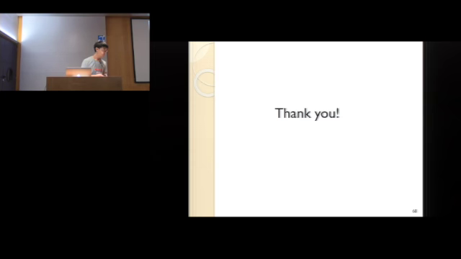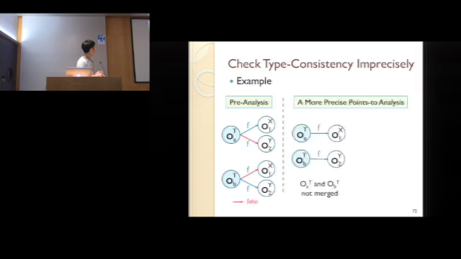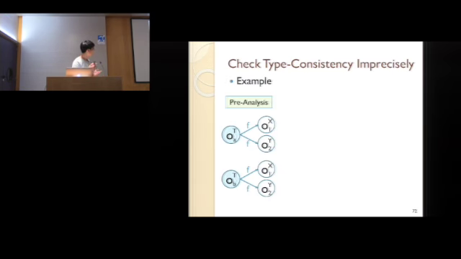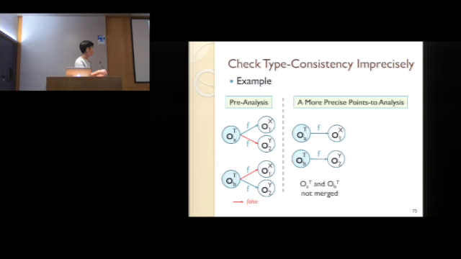For example, in the pre-analysis, the pointer analysis reports that O1 points to this object through this field, but this can be a false positive, because if you use a more precise pointer analysis, maybe OA only points to O1 and OB only points to O2 in the program.